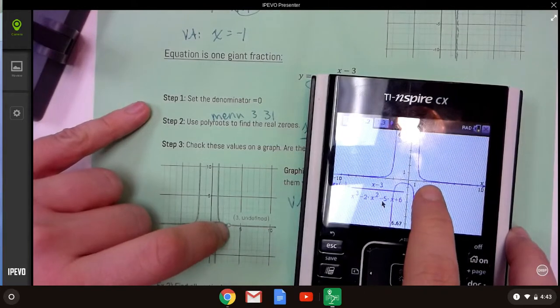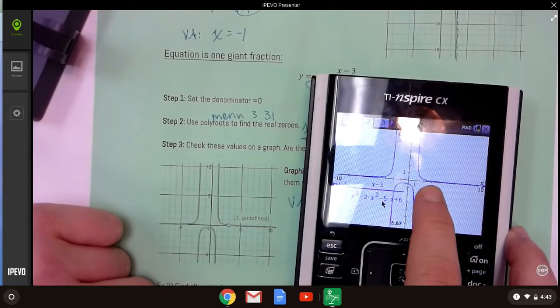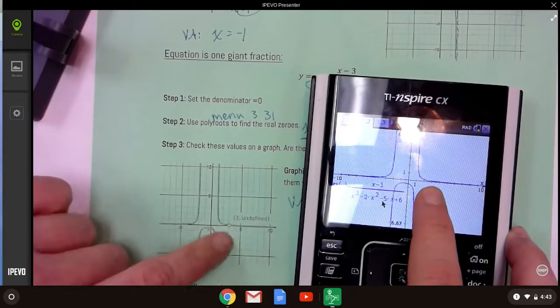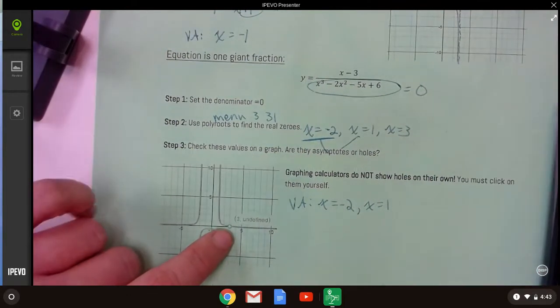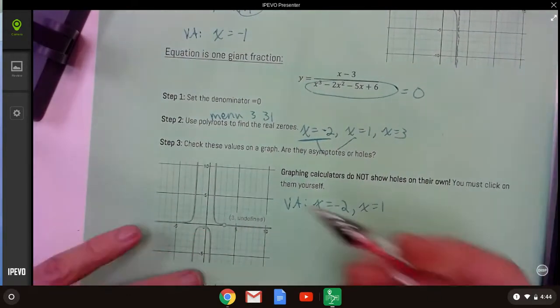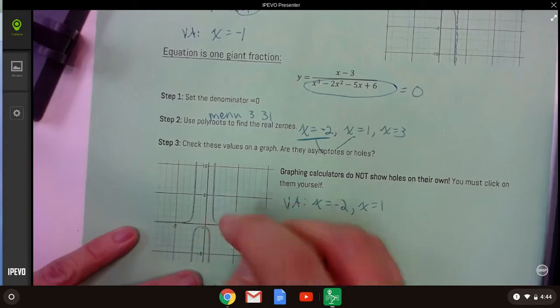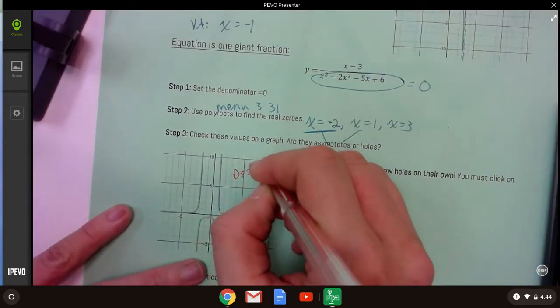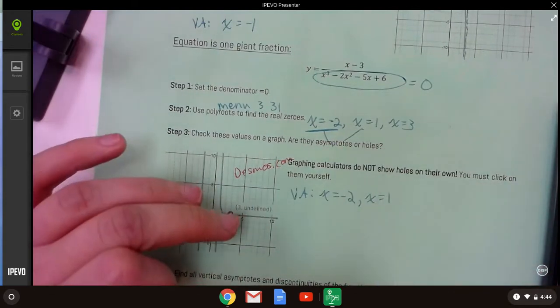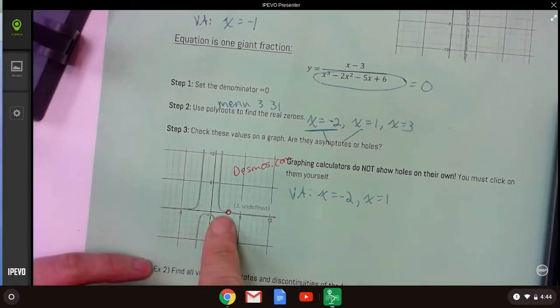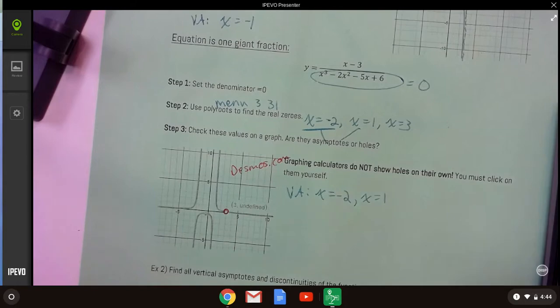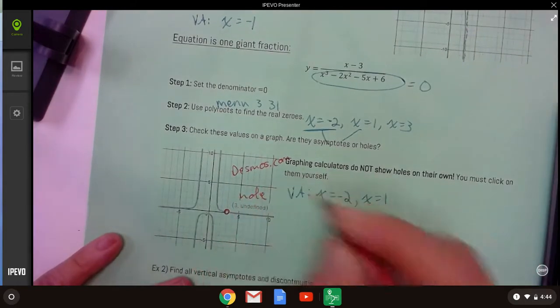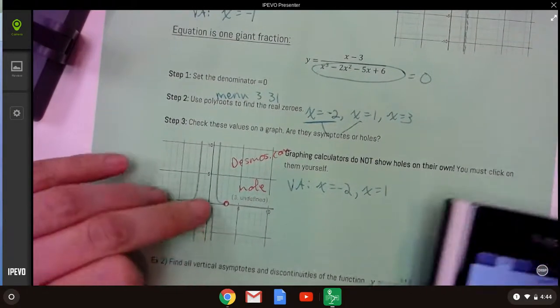And I don't see anything weird happening at +3. So I've reprinted the graph here for you already. Notice that this view is actually from Desmos.com. It's not from a TI Inspire. Then it shows you the undefined value there. That means you have a hole at 3.